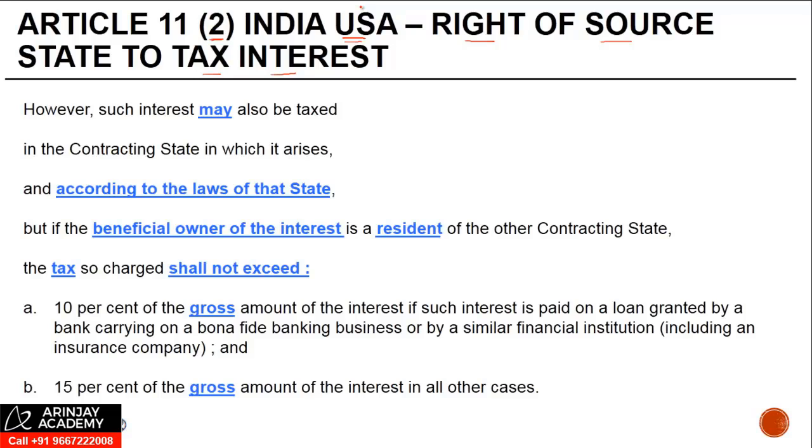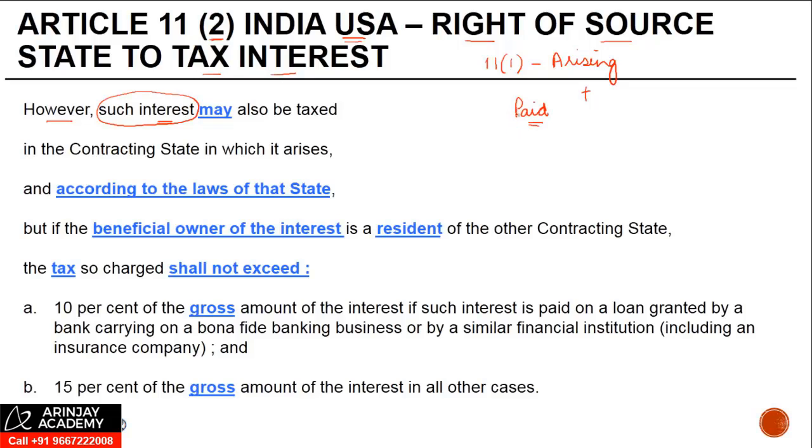So what this article says is, however, such interest. What is the significance of the use of the words "such interest"? This means the interest which is referred to in Article 11, paragraph 1, which was arising in the source state and paid to a resident of the other contracting state.